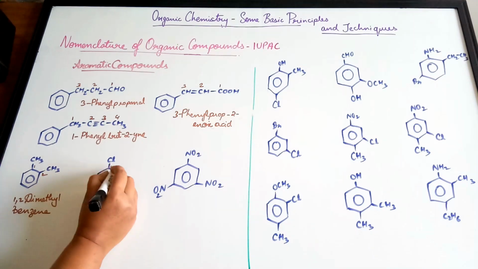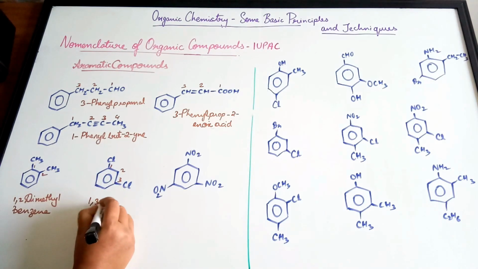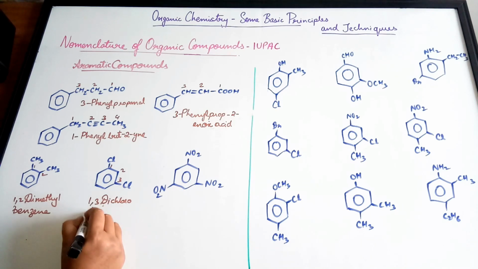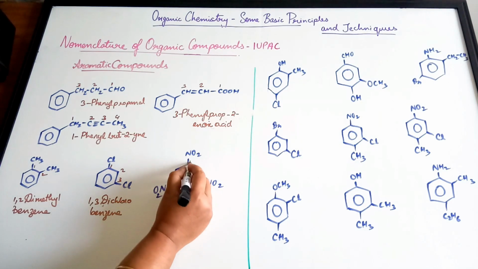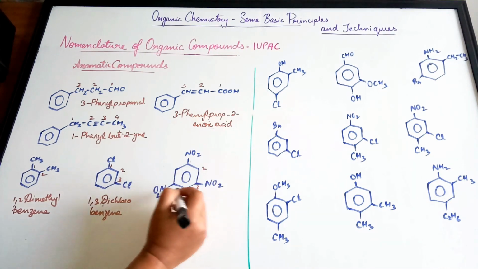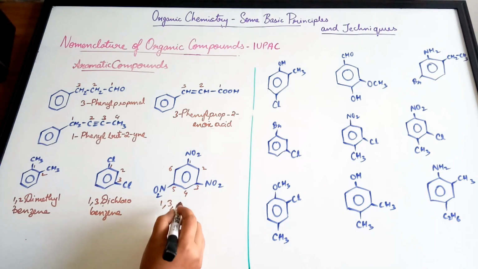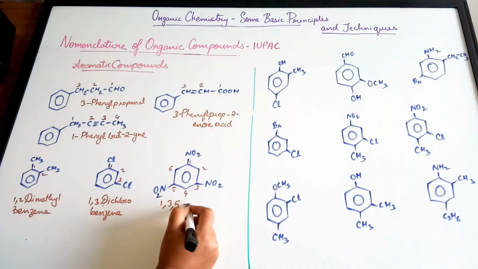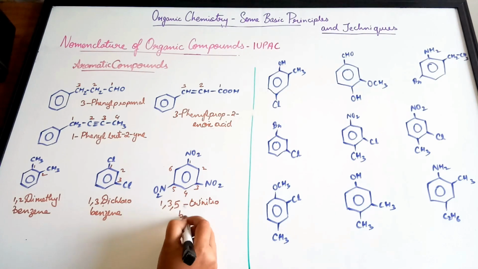This is 1, 2, 3, so 1, 3-dichlorobenzene. And this has 3 substituents, so 1, 2, 3, 4, 5, 6. So 1, 3, 5-trinitrobenzene.